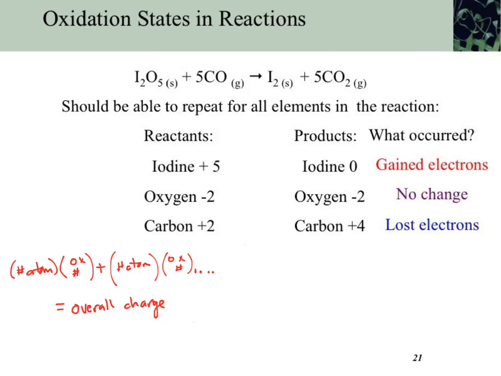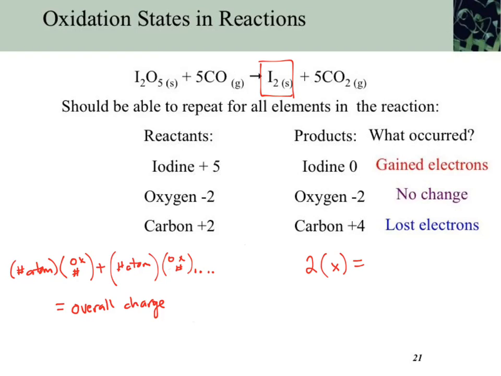Okay. We could now shift up to, say, pick an easier example, I2. How many iodine atoms are in I2? 2. What's the oxidation number? Officially, it's something we have to solve for. What's the next atom in I2? Nothing.